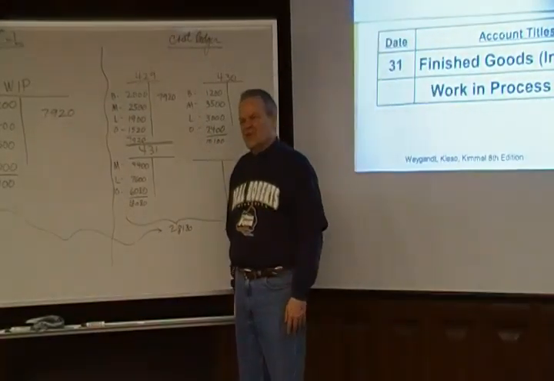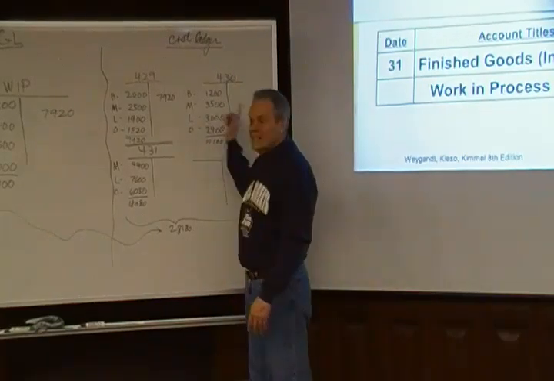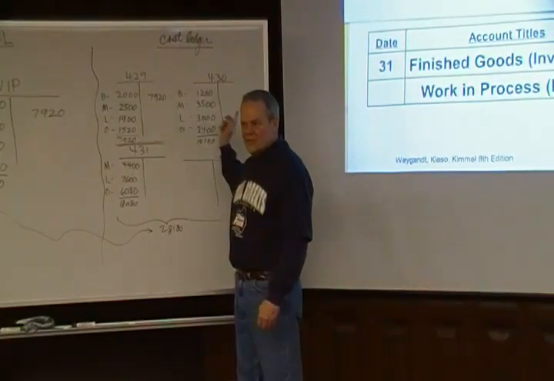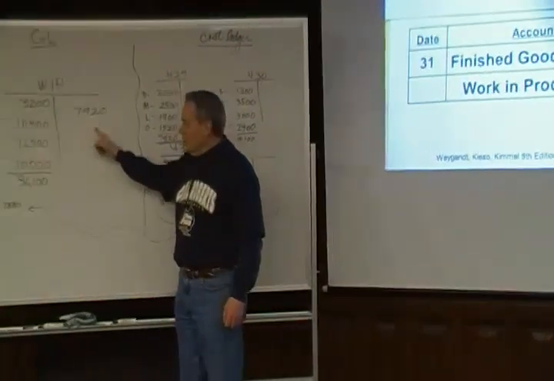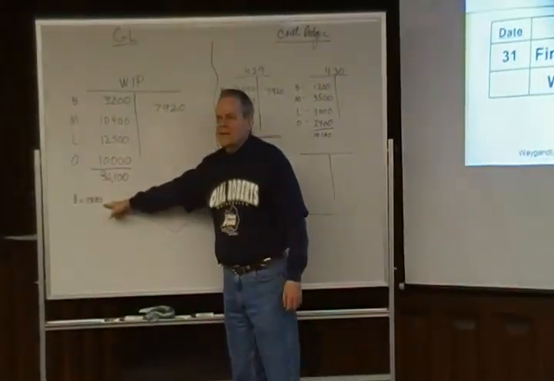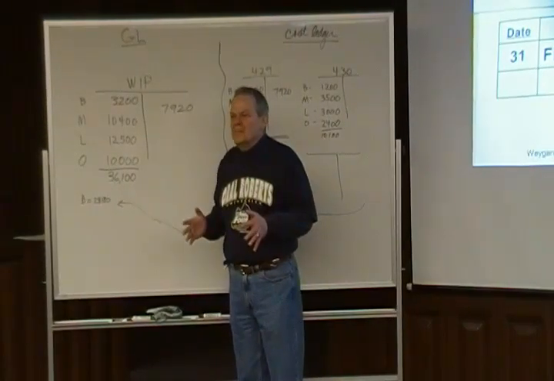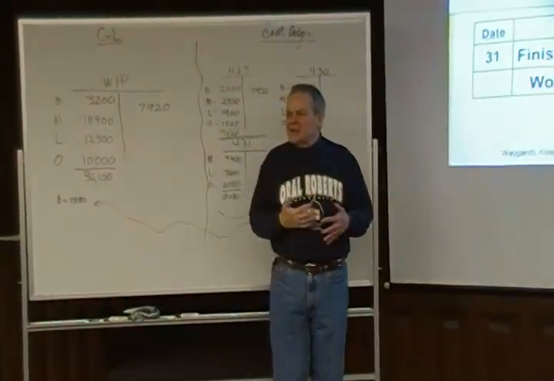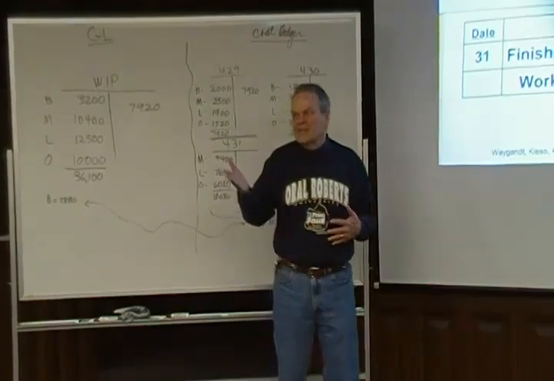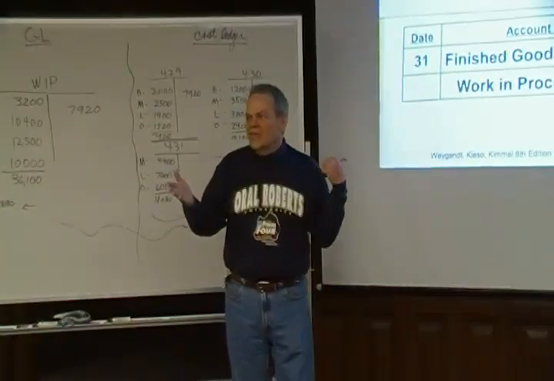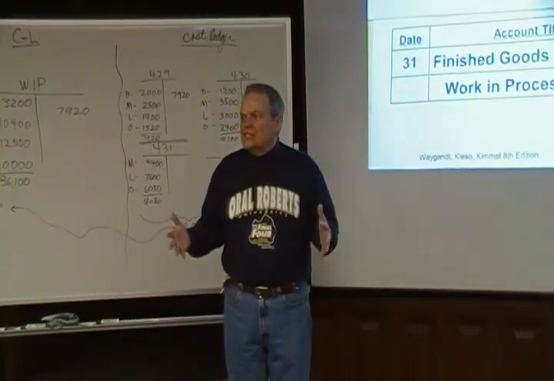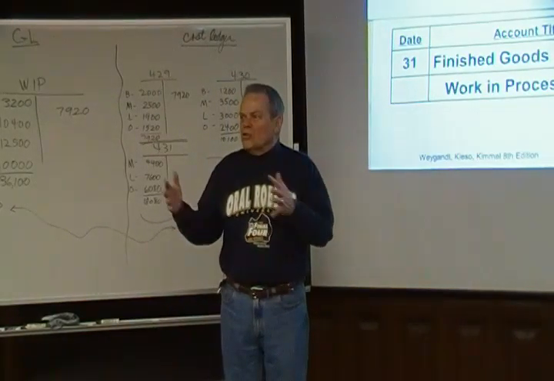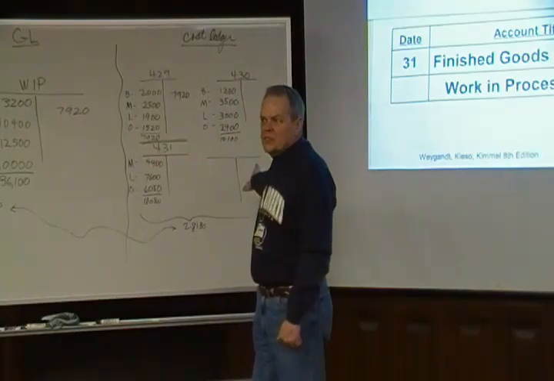Don't you think we should have finished more than one job? If we had started on two, don't you think we could have finished both of those? And the other thing is, isn't this number kind of small compared to this number? It's just a little flaw in the problem. Did I answer your question? It seems like an odd way to answer it, but I really think that was the crux of the issue. That's why you fell for that temptation. It's a general ledger account, the support to which would be provided from the subsidiary ledger.